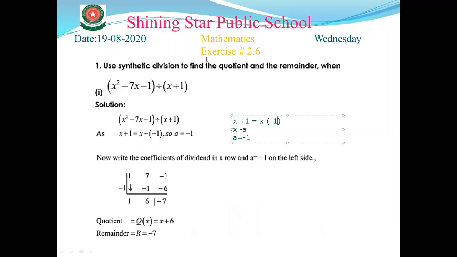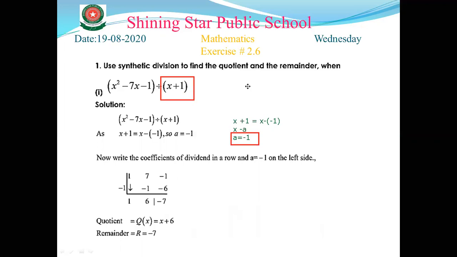Or the other method. If you find difficulty in this method of finding a, you can also find which number to take for division. The second method is very simple. First of all, you have to check this, that is x plus 1.